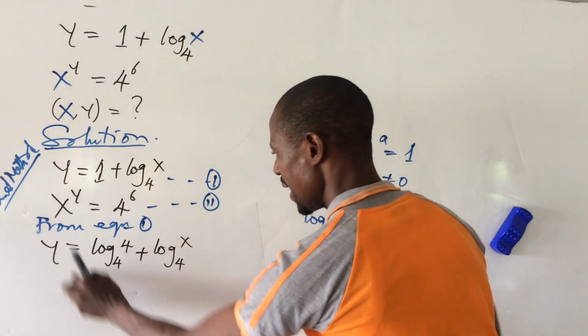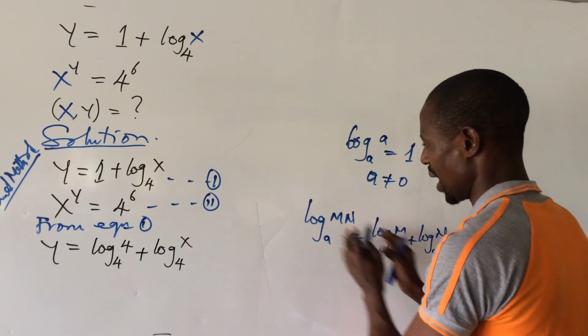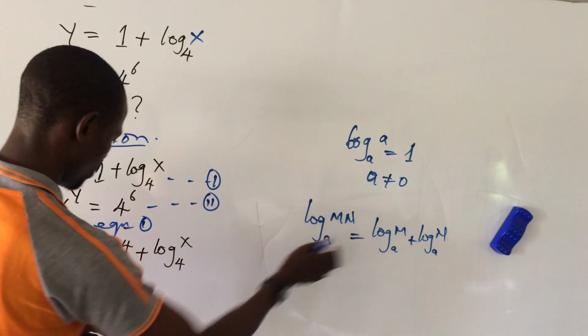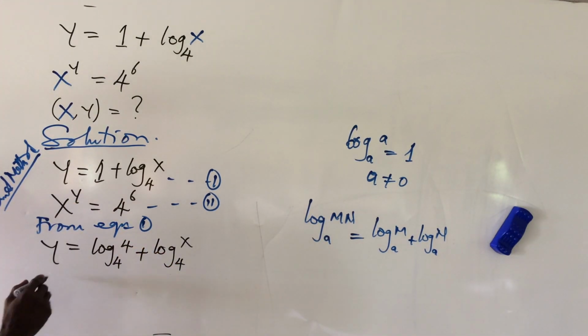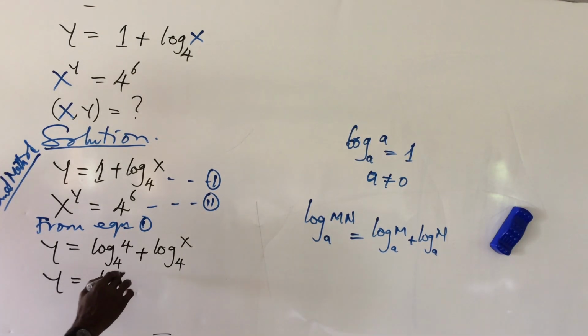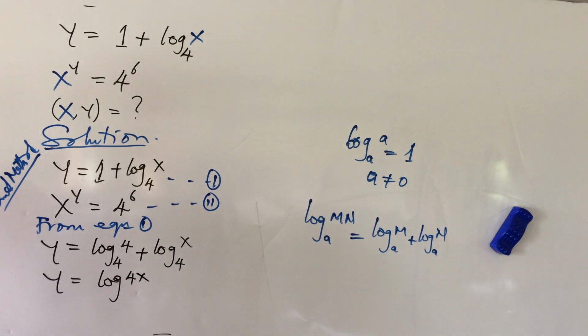What we have here now is in this format, so I want to take it back to this form. If I convert this to this format, this will automatically give us y equal to log 4 times x, which is log 4x base 4.